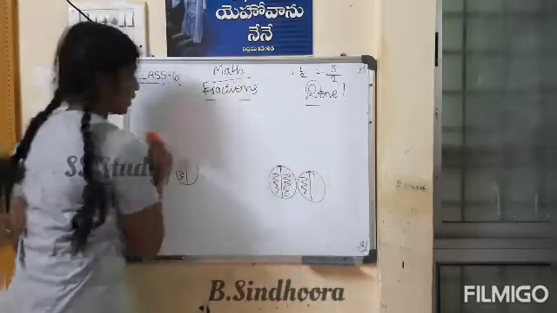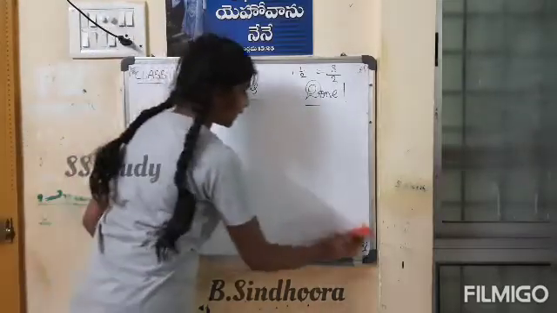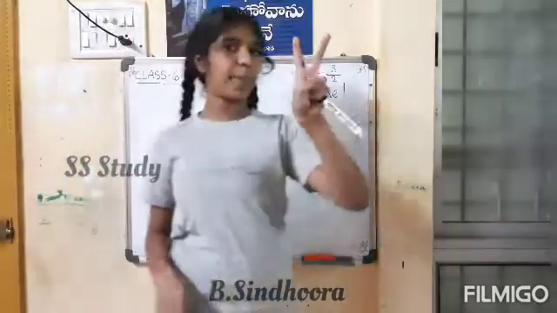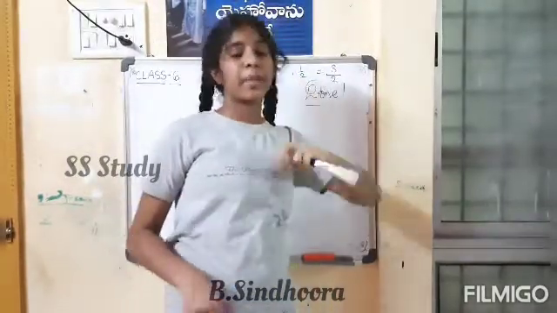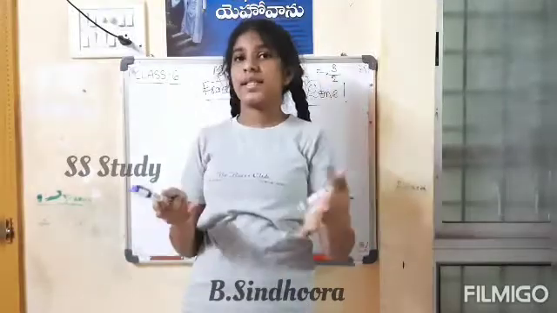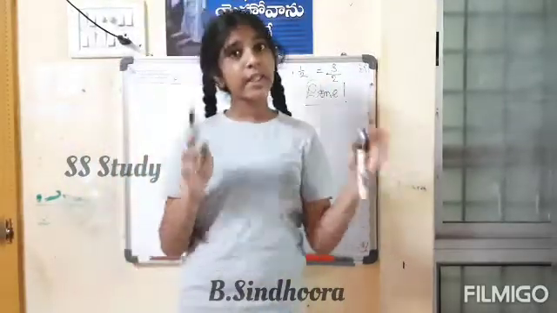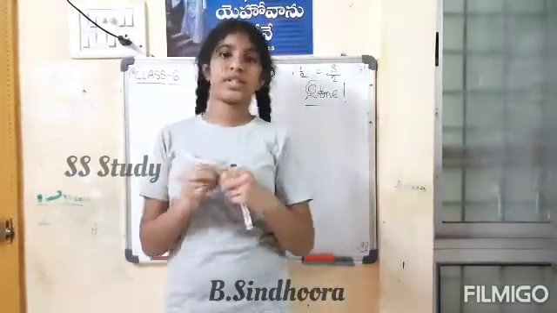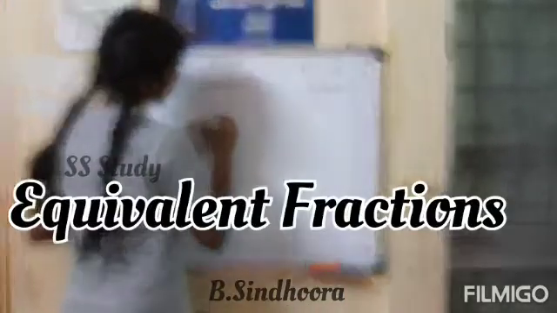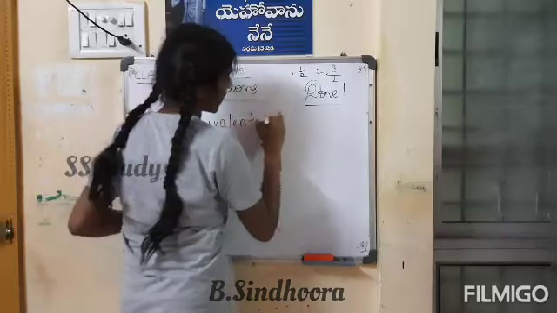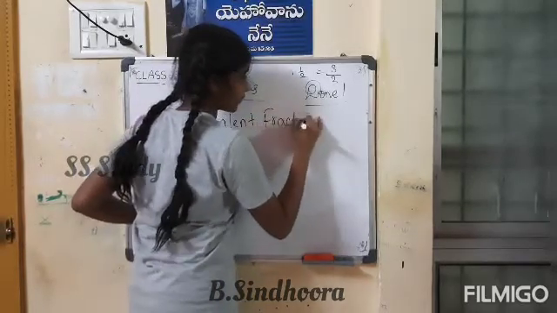So now I told you that I will tell you another 2 topics. One topic is left, but I am going to tell another topic because it is easy for you to understand if it is in your school books. That is about equivalent fractions.